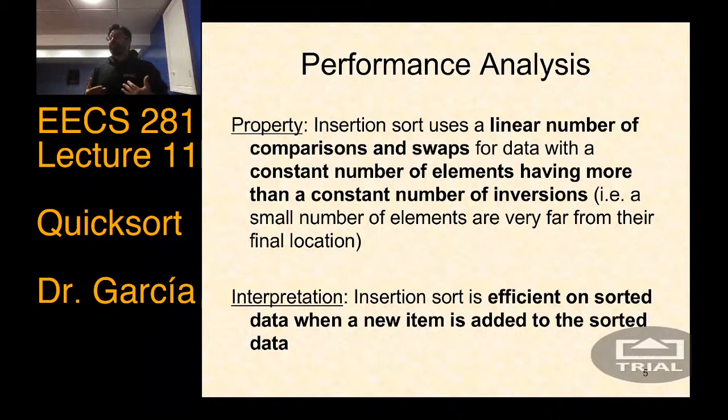The way to interpret this is that if you're starting from, say, a sorted array, so your current array is very close to sorted, and you want to add a new item, then it's better to do it by way of an insertion sort.